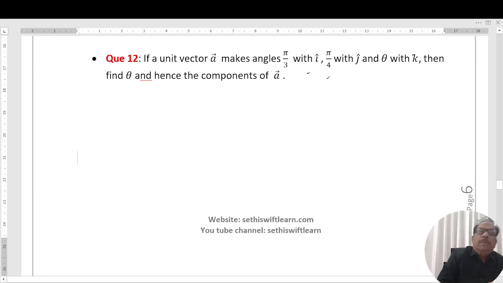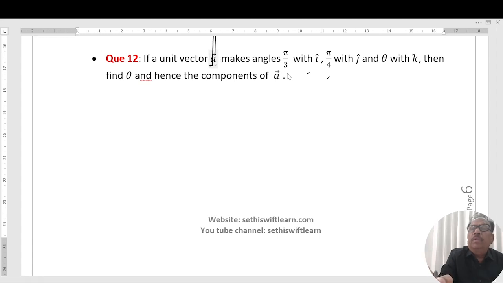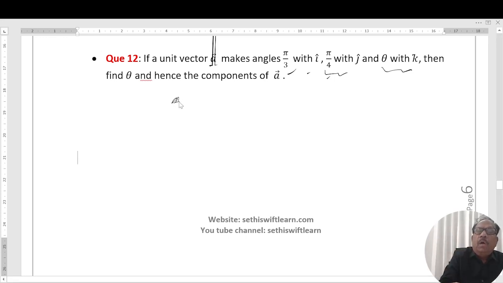Next question is, if a unit vector A makes angle pi by 3 with i, pi by 4 with j and theta with k, then find theta and hence the components of A. According to the question, magnitude of A equal to 1.